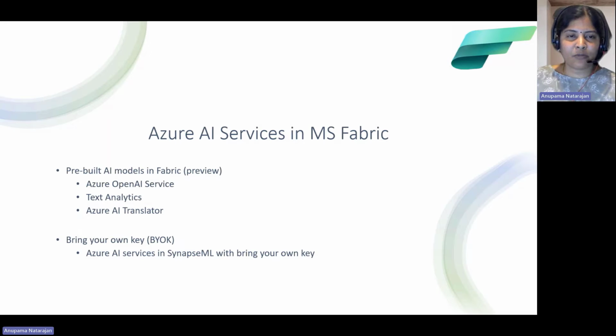So definitely that would be the first thing that Microsoft would be embedding in Microsoft Fabric. Then you have text analytics, and Azure AI Translator. These are the three AI services that are already available in Fabric that you can use.